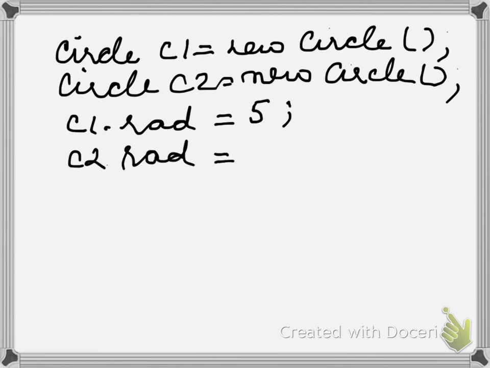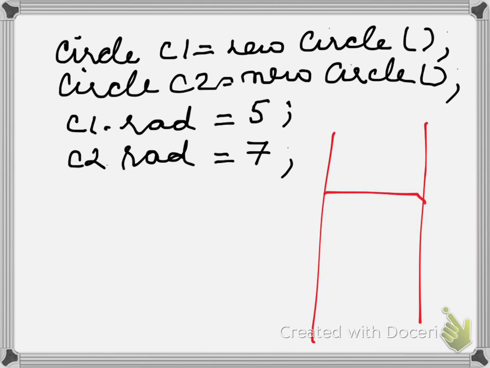Now I write C1.rad is 5, C2.rad is 7. So in memory, this is our memory, some place the object for circle C1 is stored, so 5 is stored somewhere here, and again somewhere else the object for C2 is stored, so 7 is stored here. But we also have our C1 and C2.